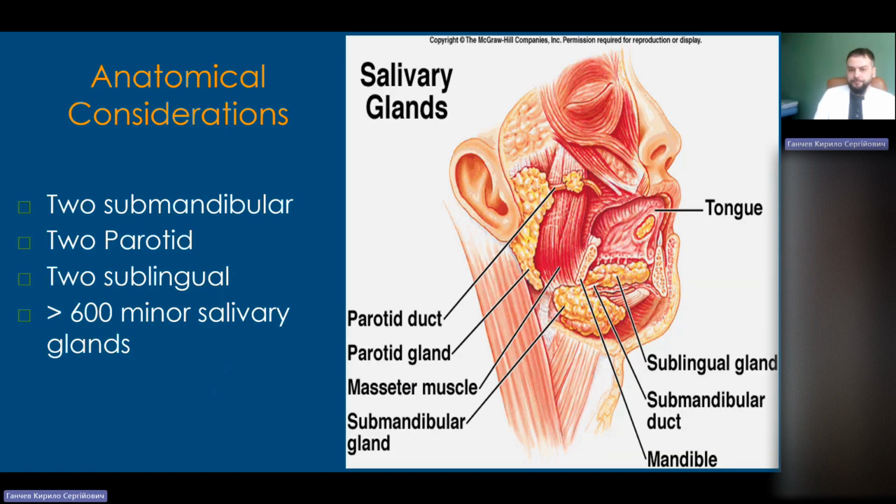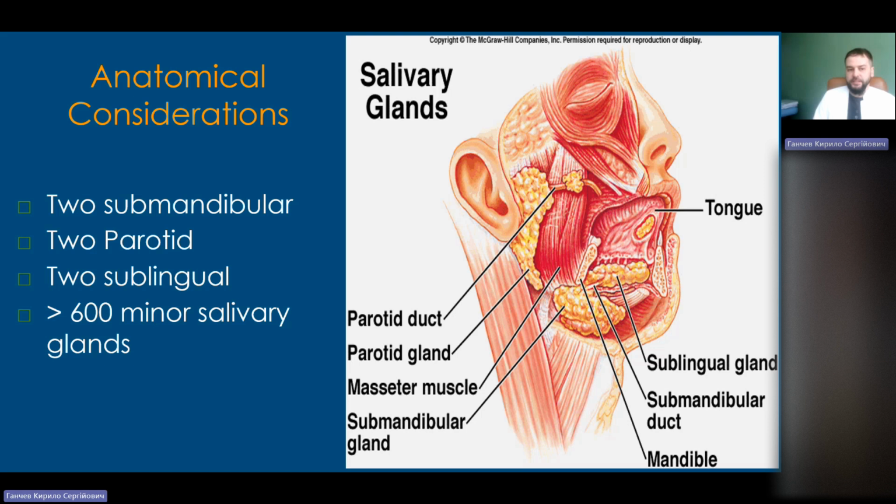As you remember, we have a few salivary glands. We have three pairs, okay? I don't know if there's a point to repeat all those things, but okay.